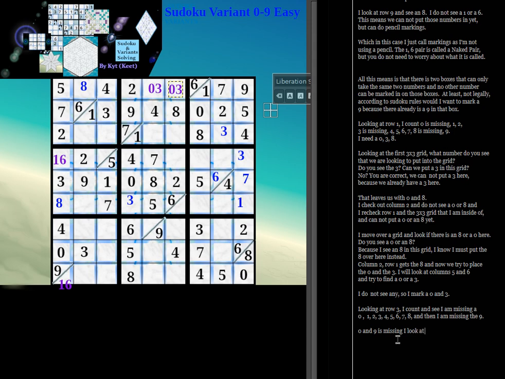I look at column 2 and see the 9. So I know the 0 goes in column 2 and the 9 in column 3.